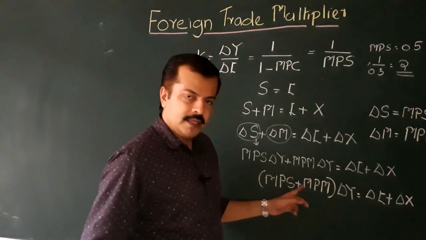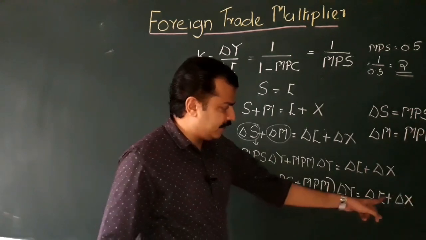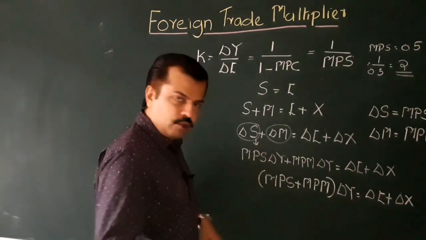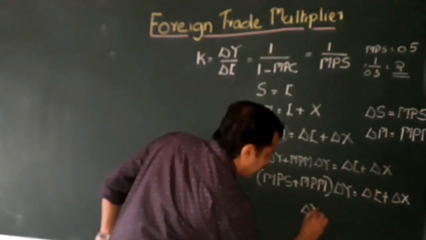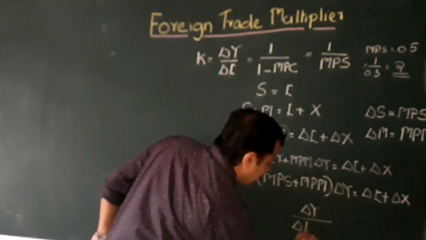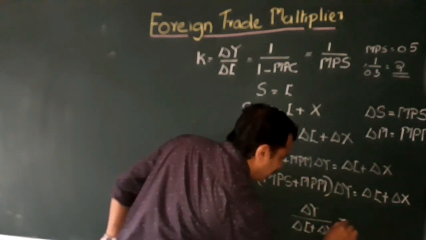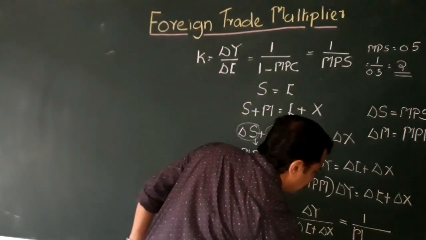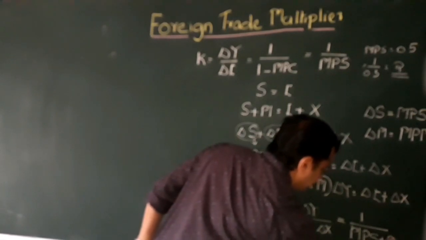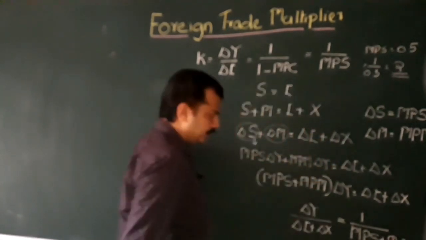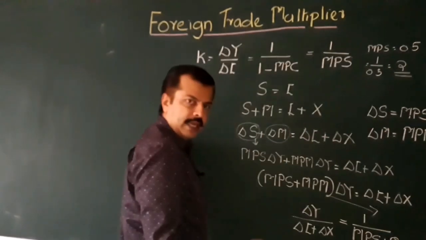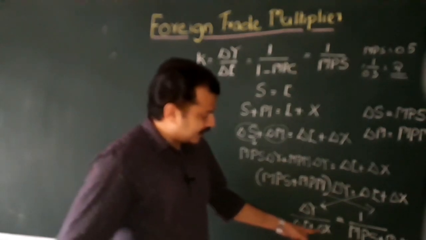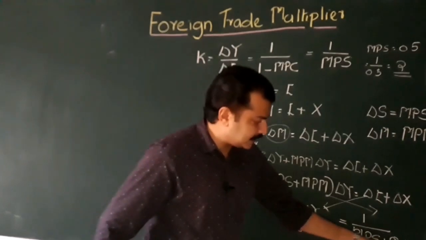I will put this term into the right hand side of the equation, and delta I plus delta X into the left hand side of the equation, and this equation will become delta Y divided by delta I plus delta X will be equal to 1 by MPS plus MPM. Simple. This will go towards here as a division factor. So delta Y by delta I plus delta X equals 1 by MPS plus MPM.